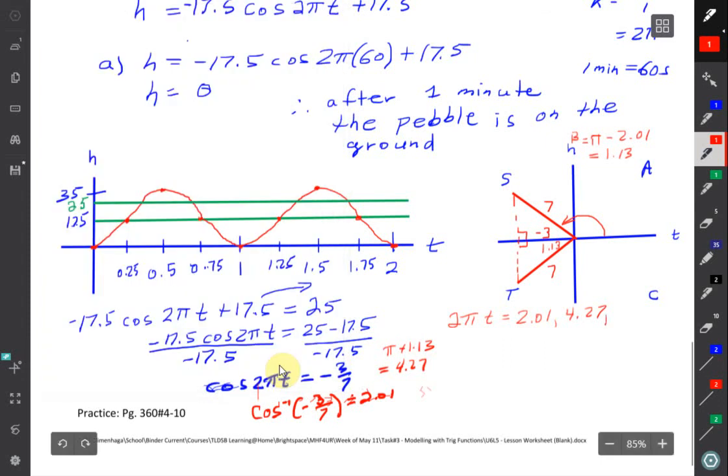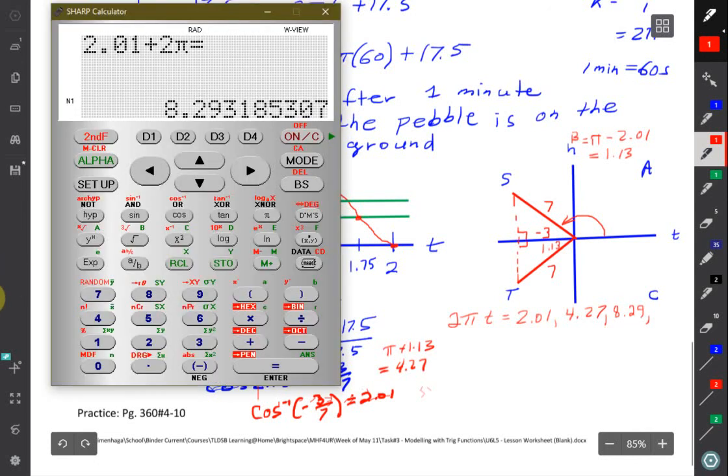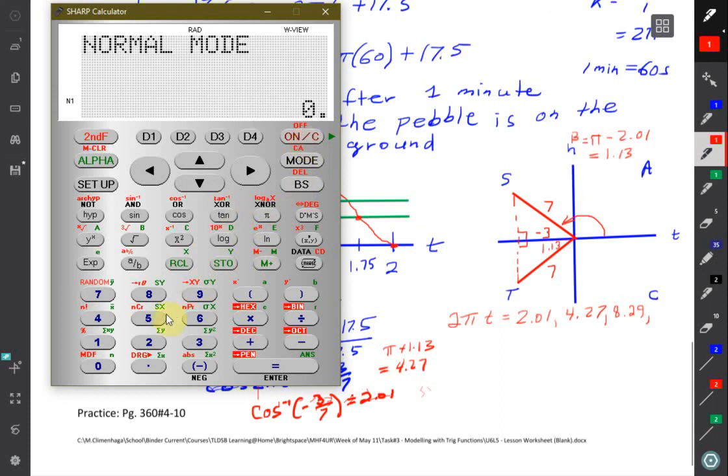So the next value is 8.29. And then the next value is when we take 4.27 and add 2 pi. And we get 10.55.